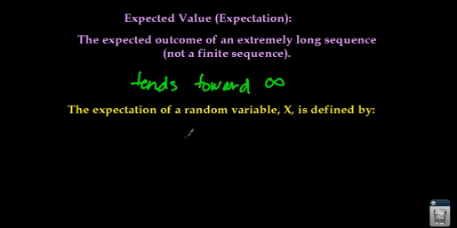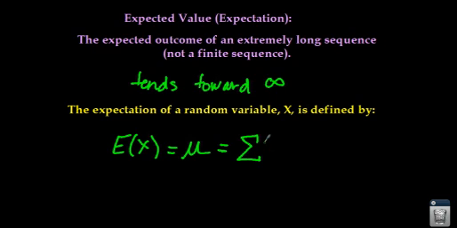So in our mathematical definition, we would say the expectation of a random variable x is defined by, okay, this is how we notate. We say E of x, this means the expected value of x, or any variable, is equal to, do you all remember this from chapter 1, mu? This is a Greek letter that means mean, okay? And when we say that we're trying to find the mean, we're going to do exactly what we did on the other page.